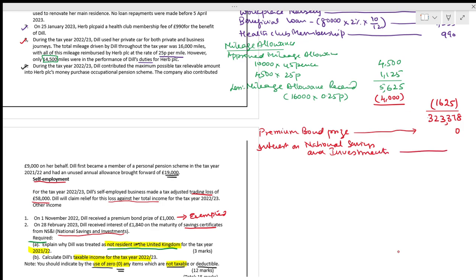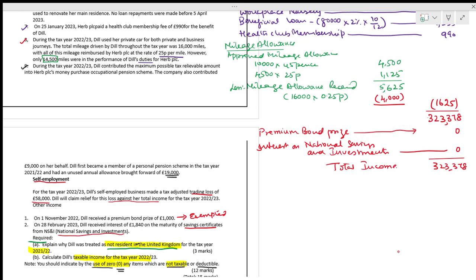How much? You have to put 0. Okay, it comes to how much? 323,378. This is going to be identified as total income.